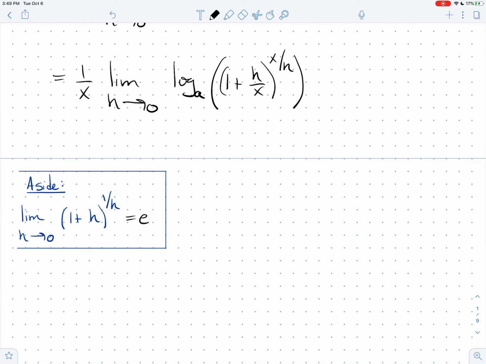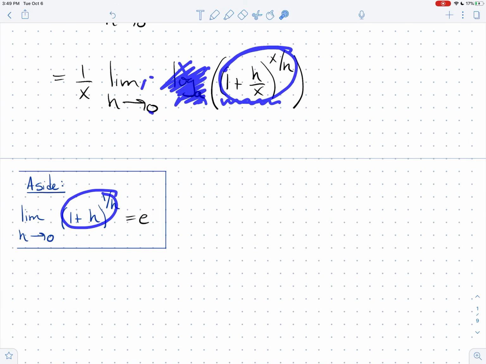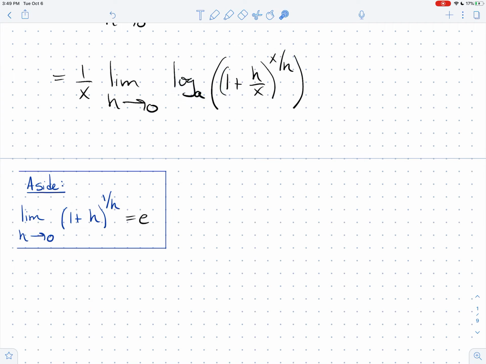So we'll start there. I'm thinking about this limit, and I'm looking at the inside of the logarithm, just the inside. Just ignore the log. Do what you wish you could do and act like that part isn't even there. Just look at this part of it. And it feels like, man, this is almost the same as down here. I've got something here, and it's going to 0. As h goes to 0, h over x goes to 0.